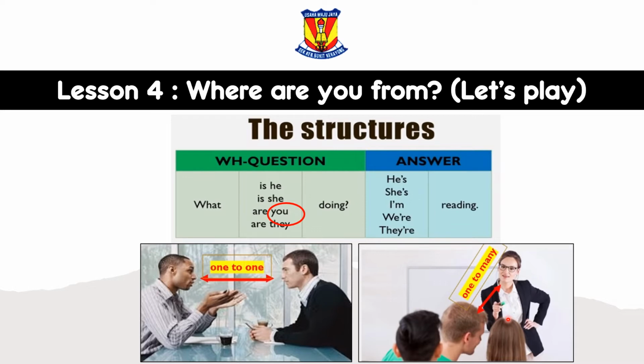For example, a teacher is talking to his or her pupils in the classroom. In this situation, the teacher can say, what are you doing? The word you refers to his or her group of students or pupils.